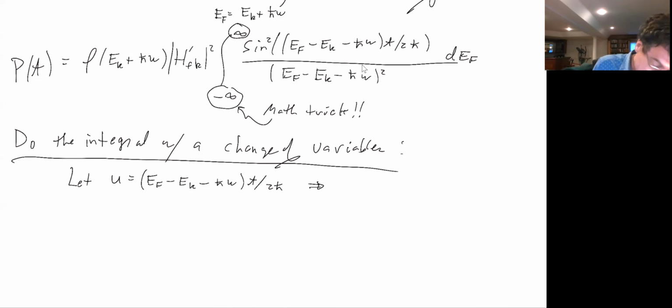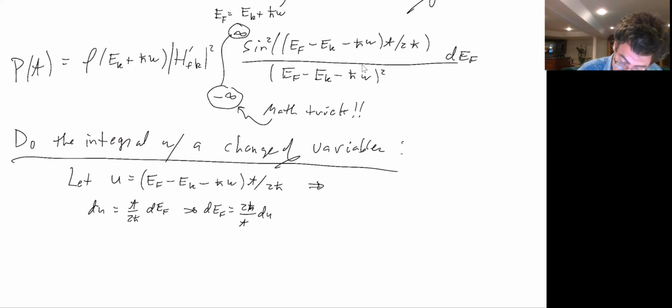First, if I take a du, then du is equal to, and all these guys don't change, so they all go to 0, but it's going to end up being t over 2h bar times dE_F. And so dE_F is equal to 2h bar over t du.